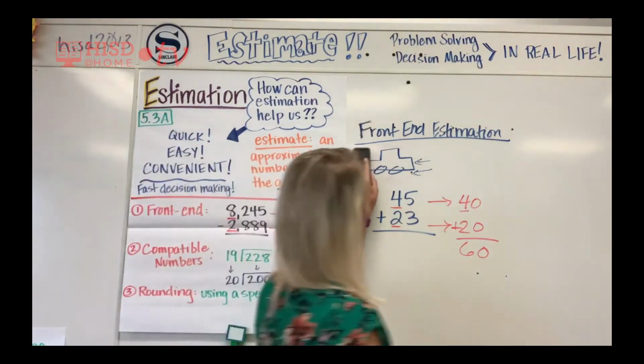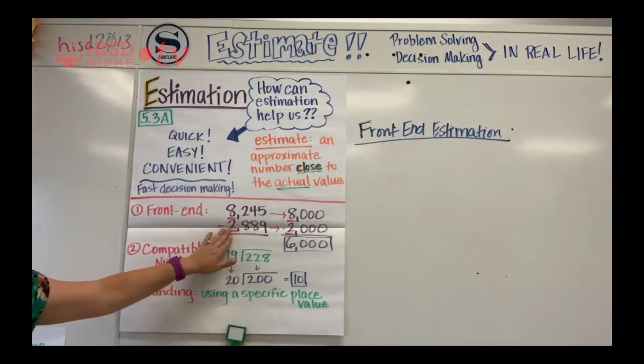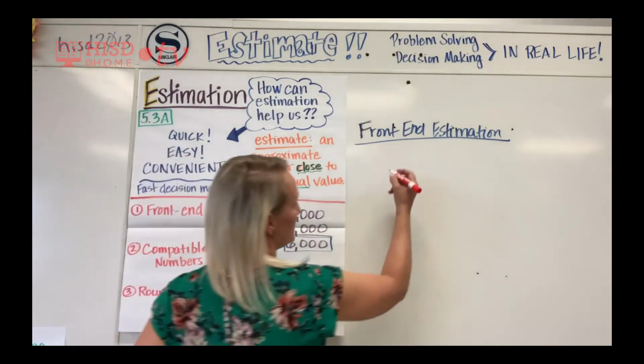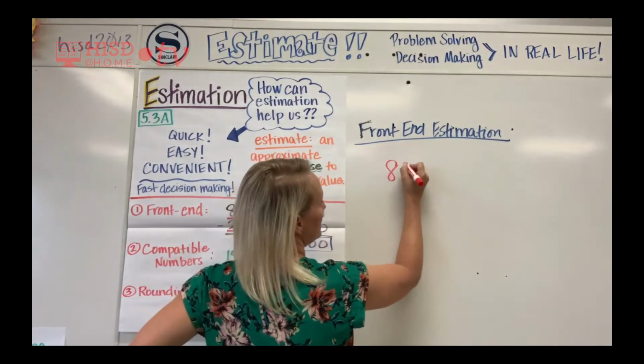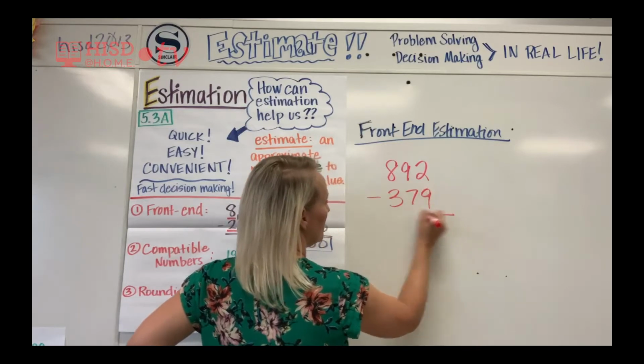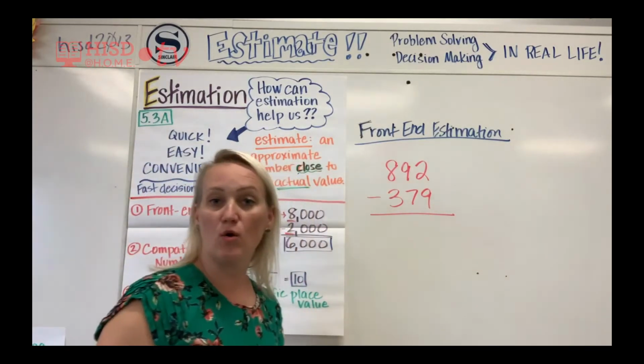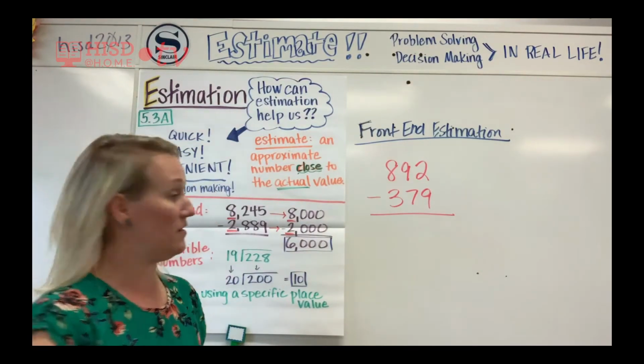Let's try another one. It's subtraction. How about 892 minus 379? Once again, I only care about the front end of the number.